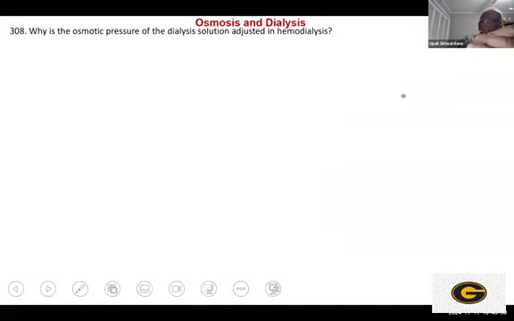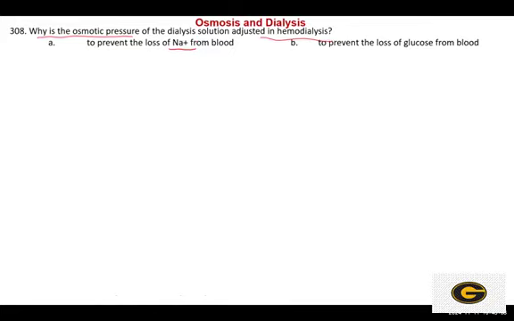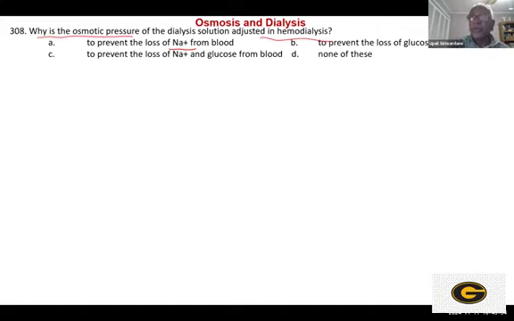Let's answer. When you look at the question here, 308, why is the osmotic pressure of the dialyzer to prevent the loss of glucose from the blood, to prevent, I think it's not.